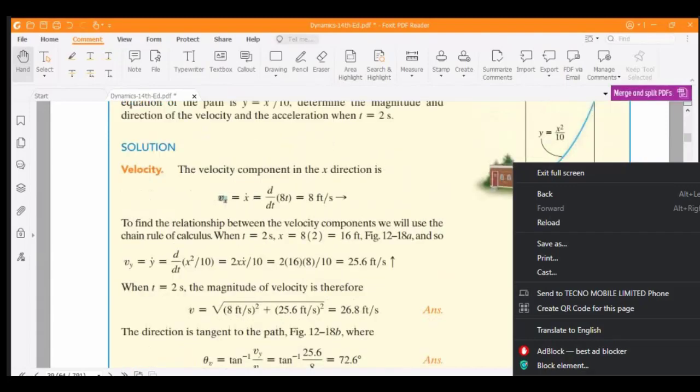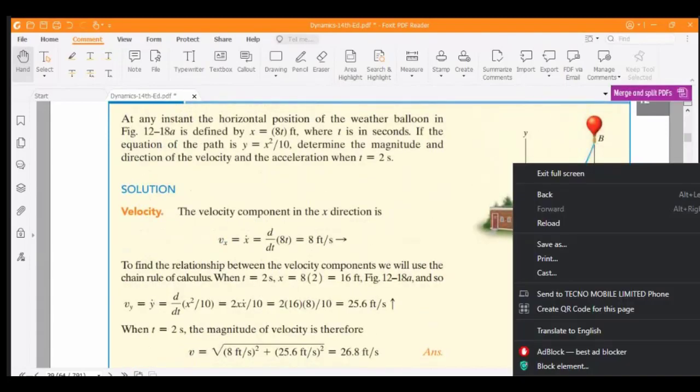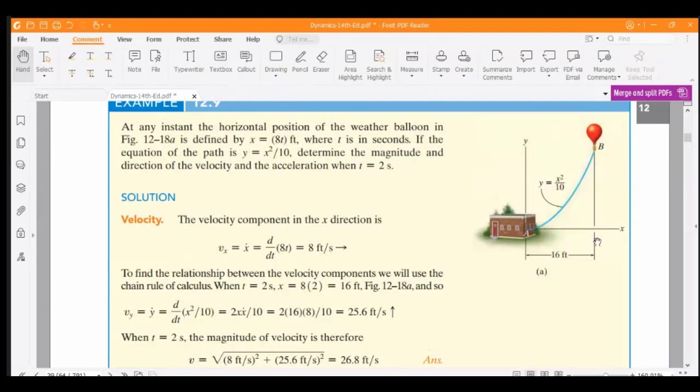Here, actually, the velocity is not increasing. It goes 8 feet in the first second, and also 8 feet in the second second.